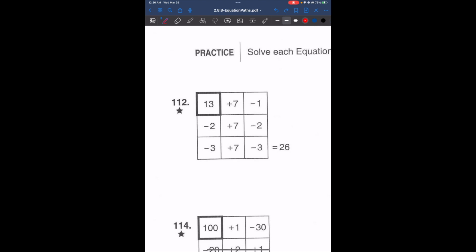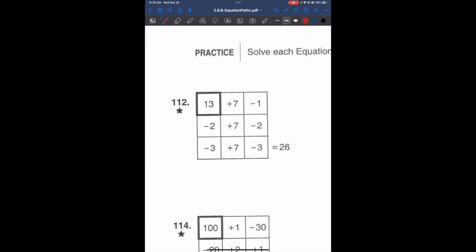And I'm sure that at your schools or in your tests, you won't have exact problems that ask you to solve the equation path puzzle. But what this strategy helps us improve and strengthen is the skill to look at numbers that add up to what we want.